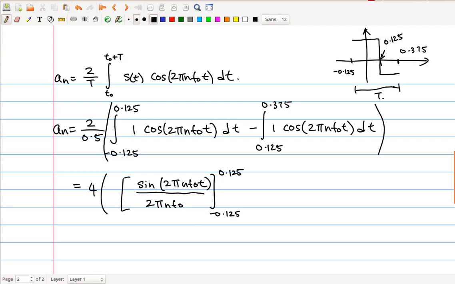Okay, so that computes our first integral. We do the same thing over here. So leave the negative sign alone, integrate the cos, turns into a sine, and divide by derivative of the inside.